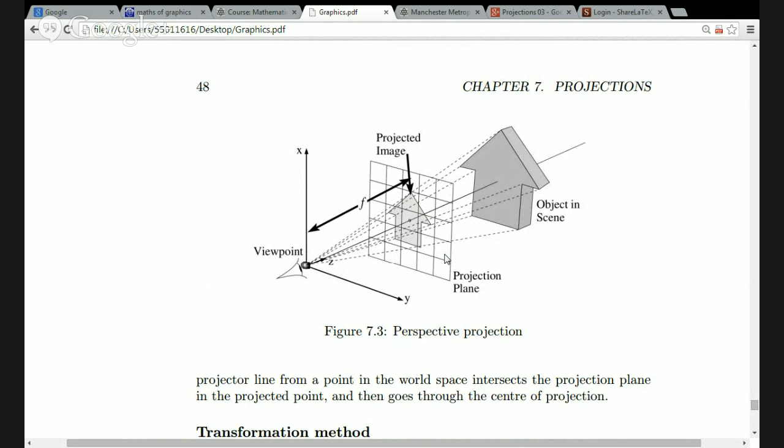Every point on this projector line will get projected to this actual point here. So if the user clicks on that point on the screen, how is the computer meant to know, or how are you meant to infer, what actual point in the 3D environment they were trying to indicate? Well, you can't, because there's an infinite number. So you need to present a little bit more information.